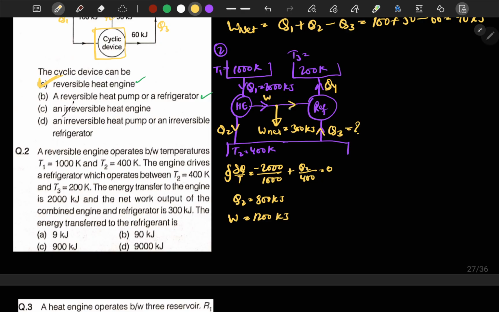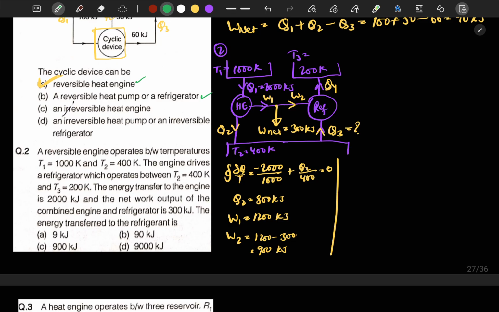Let's say this is W1, and we can still supply W2 work to the refrigeration cycle, which will be equal to 1200 minus 300 is equal to 900 kilojoule.